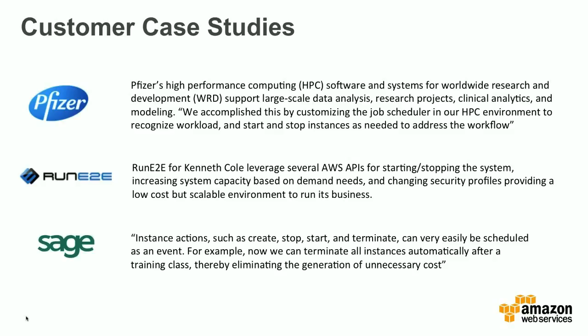We've got organizations like Sage, and what Sage do is very similar. They run training classes, so they leverage AWS infrastructure to support those training classes. They have a scheduler that will automatically terminate that training class's resources at the end of the day when they're no longer required. So there's no reason to run those training class resources 24/7.